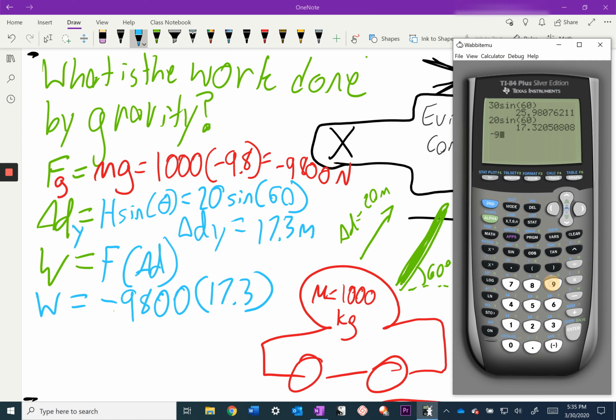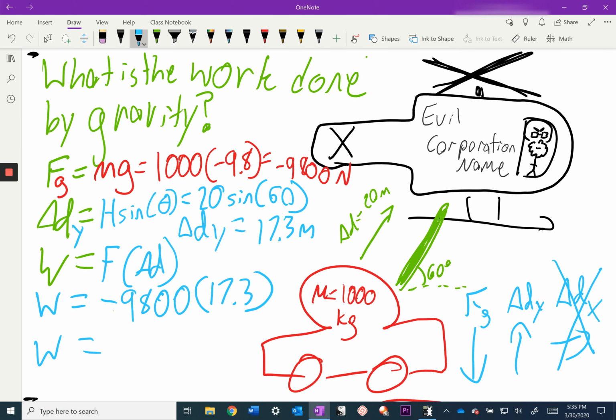Negative 9,800 times 17.3 gives us a work of negative 169,540 joules. And that is the work done by gravity in this sort of problem.